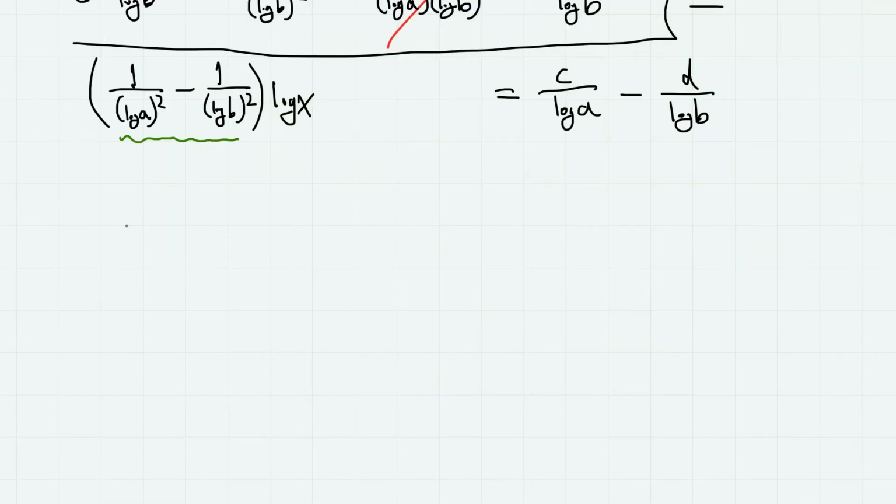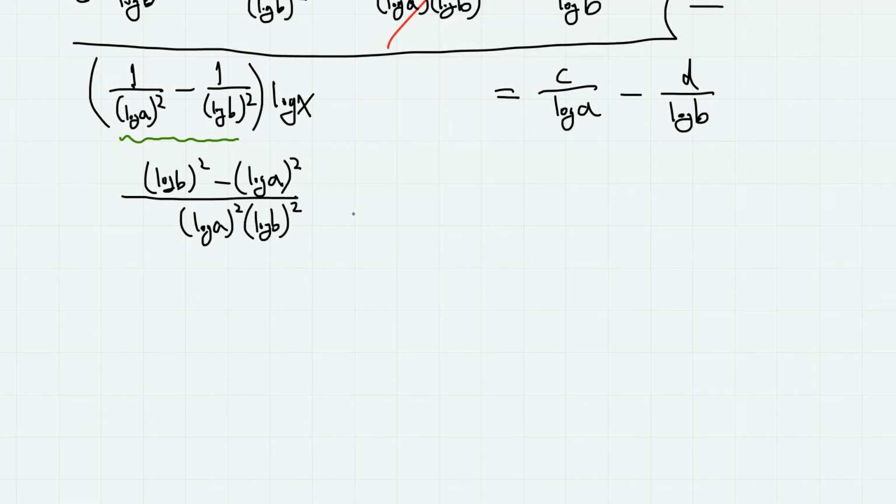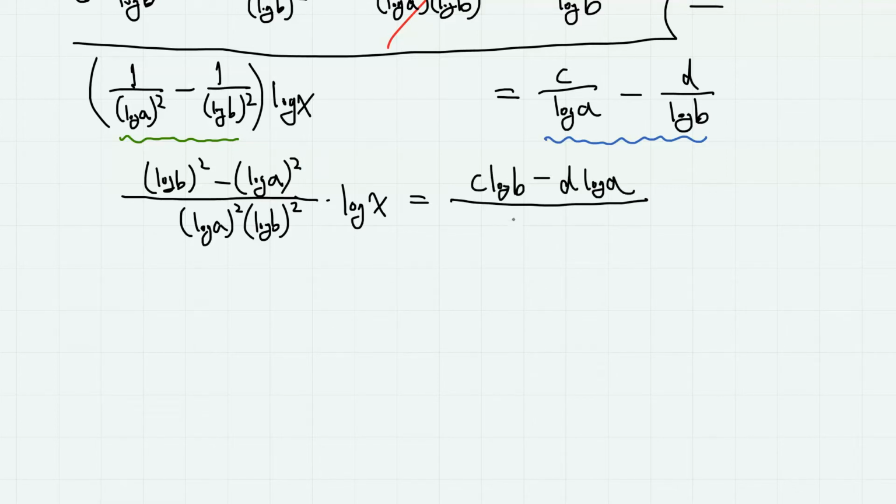Now for this part, it is equal to log b squared minus log a squared over log a squared times log b squared, and we have times log x equals, and if we do the similar thing in this part, we have c log b minus d log a over log a log b.